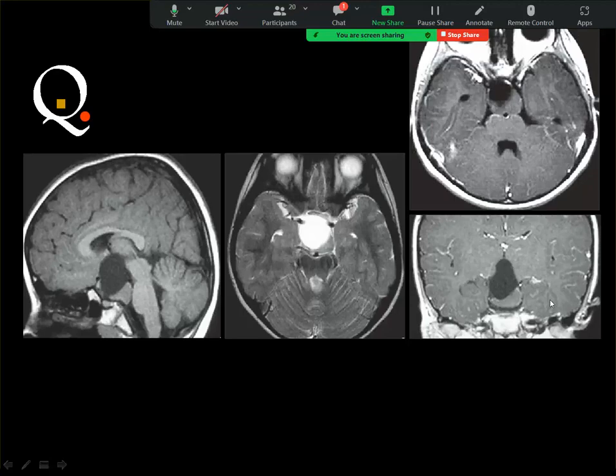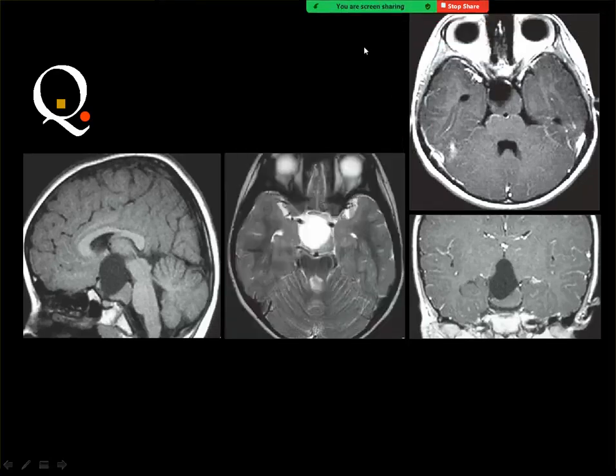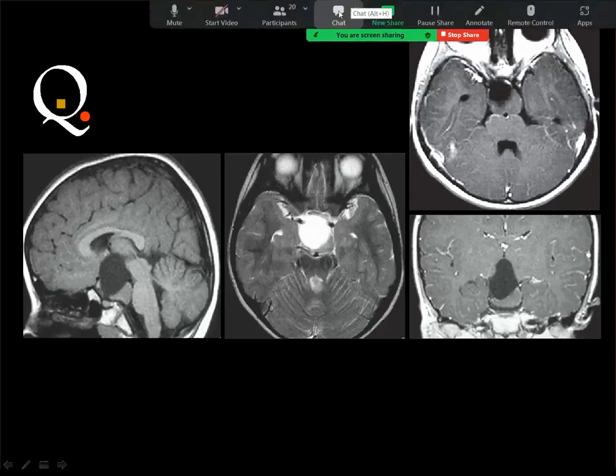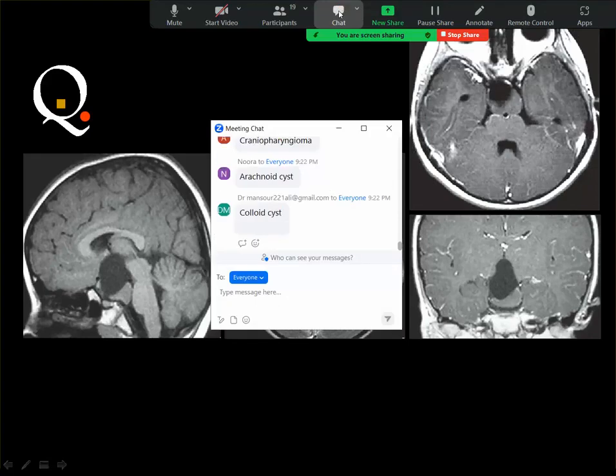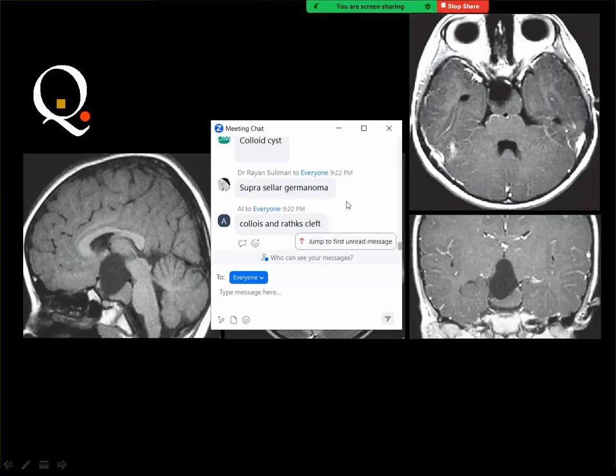We have two lesions in the suprasellar area. Suprasellar germinoma, no. Colloid cyst, no. Rathke's cleft cyst is not a suprasellar lesion.